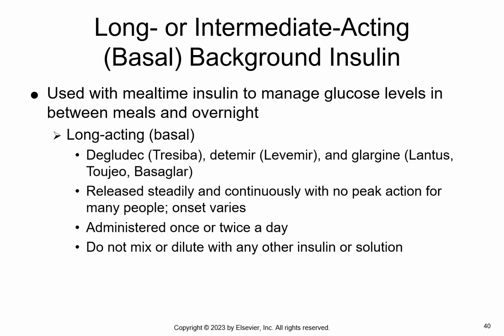It does not have a peak action. The action time for long-acting insulin varies, although they can be given once daily. Detemir is often given twice daily. Because they lack peak action time, the risk of hypoglycemia with this type of insulin is greatly reduced.